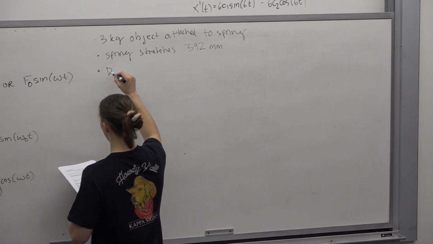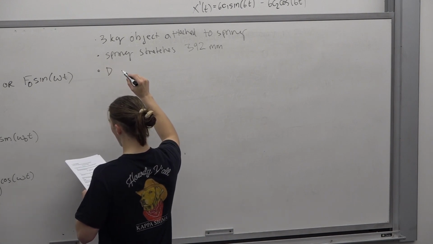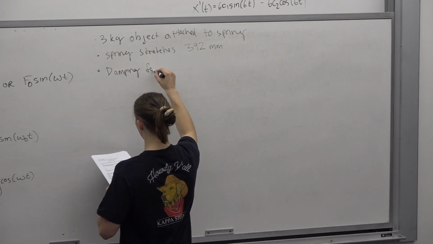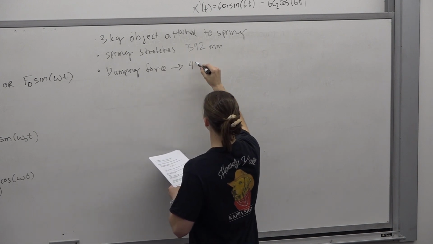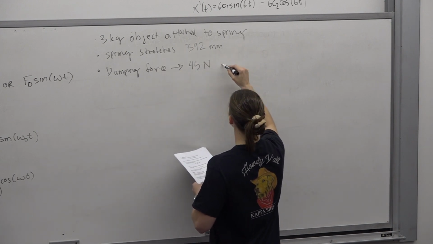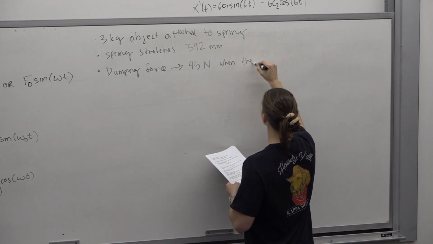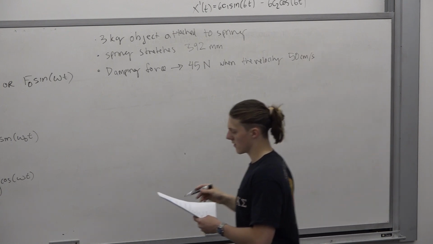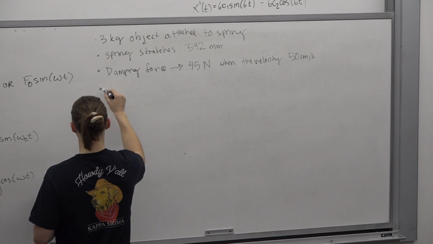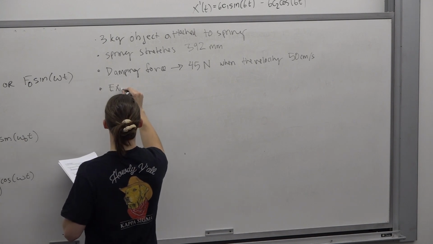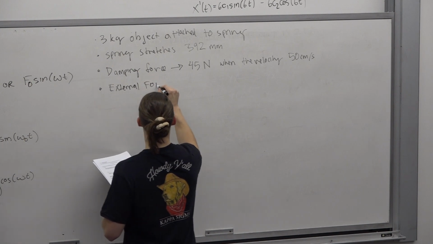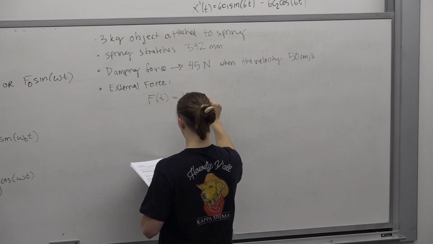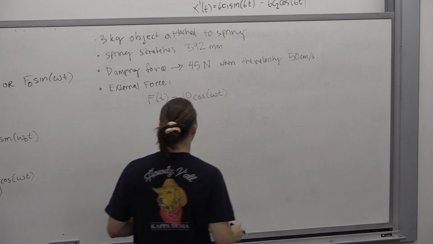There is damping. Damping force is 45 newtons when the velocity is 50 centimeters per second. And there is an external force that has this form: F of t equals 10 cosine omega t.